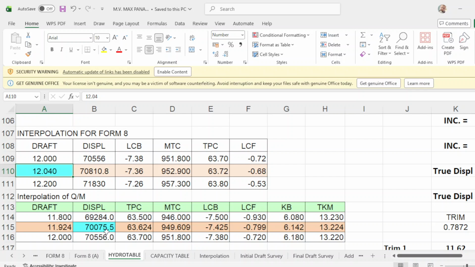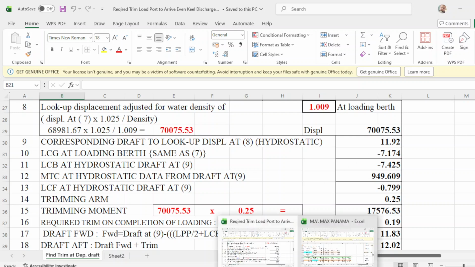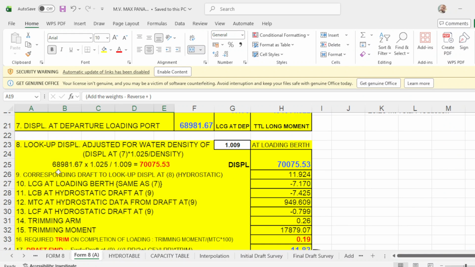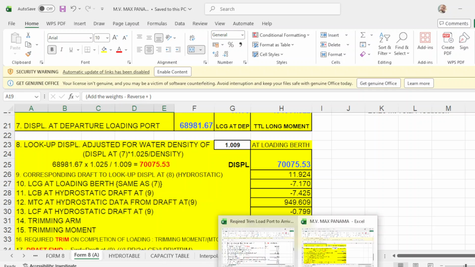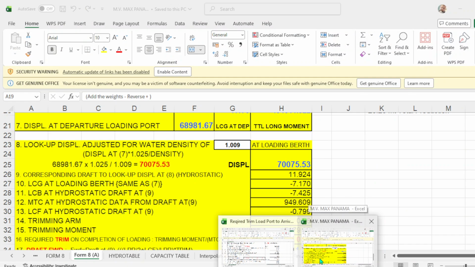This one, 0075.5. So this is the one. The corresponding draft is 11.92. And number 10, I got here manual 9 is 11.92. Is that correct? I'm sorry, yeah, 11.92.